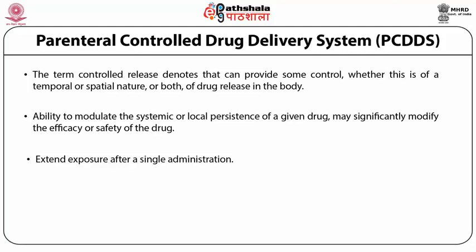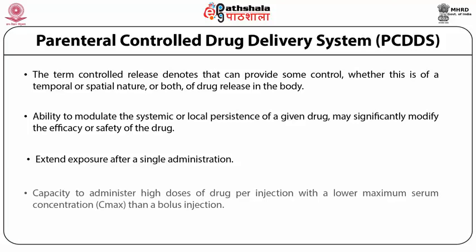PCDDS, or Parenteral Controlled Drug Delivery System, also has the capacity to administer high doses of drug with a lower maximum serum concentration than a bolus injection. In some situations, the Cmax, or the maximum plasma concentration from the controlled release preparation, may be lower than that achieved with a more frequent bolus drug.